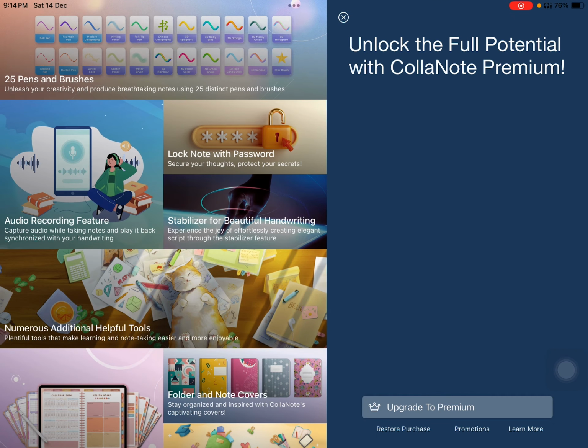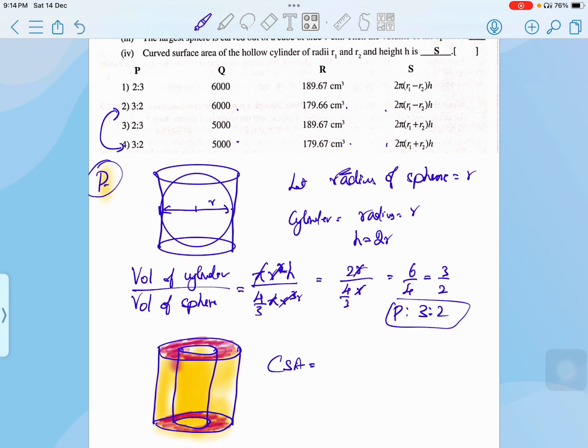For this, they mentioned the radius as R1, and the other one they mentioned the radius as R2. So CSA of the inner cylinder plus the outer cylinder is nothing but 2 pi r1 h, same height h. Here also 2 pi r2 h.